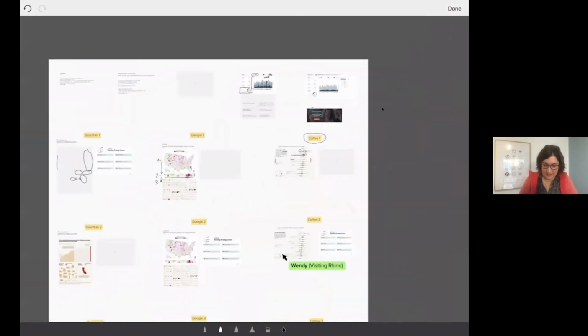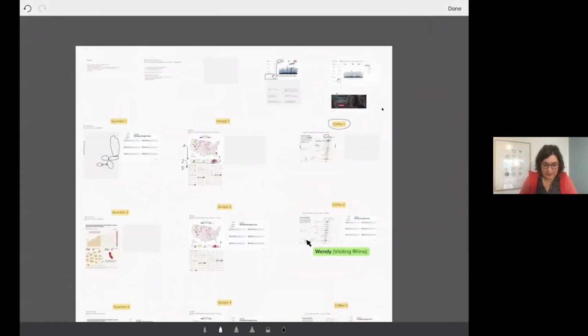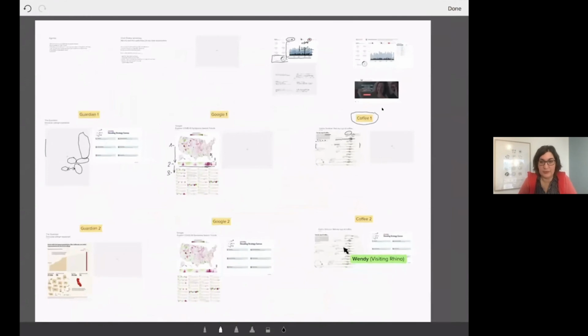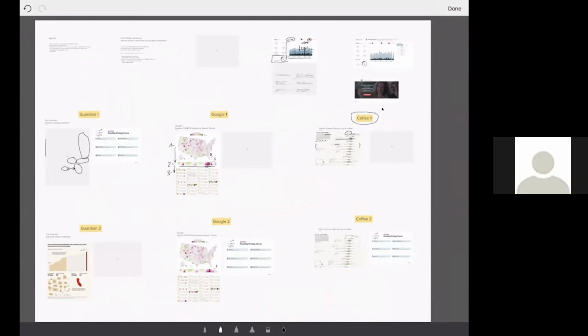Then does anyone have some other remarks on those charts or the decoding strategy canvas, or some issues or questions? Maybe a quick one. Okay, thank you.